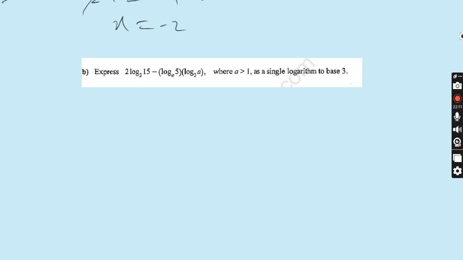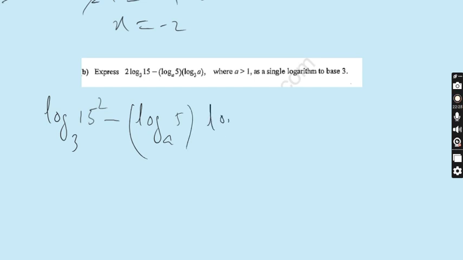Very easy question. Write log 3. This 2 becomes the power of 15, negative log a5, negative log 3a.